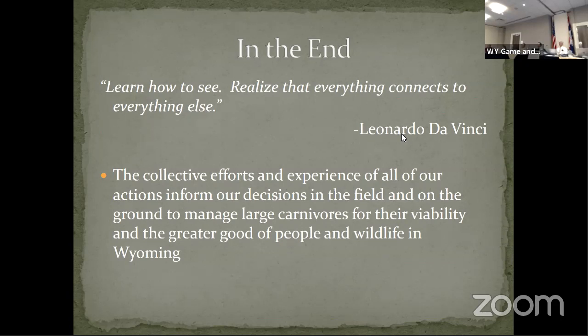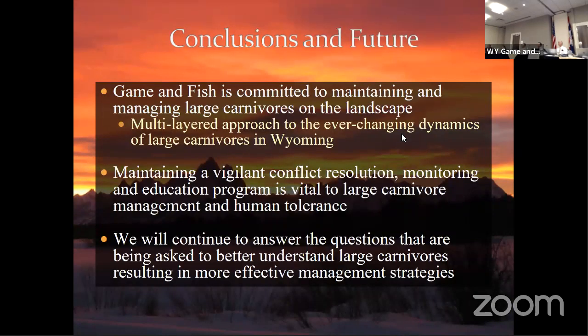These animals, they're preying on the ungulate species that we manage as well. The things that we do from an educational standpoint might reduce conflict. Everything is very interconnected, especially with carnivores and the public interest we have. Again, we're committed to maintaining and managing these animals on the landscape in the future.